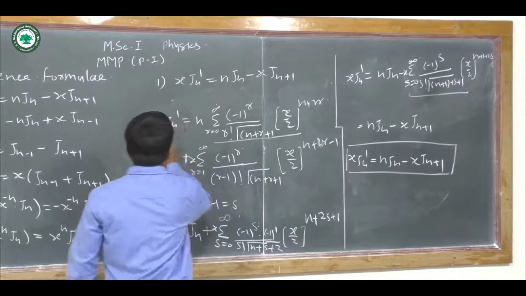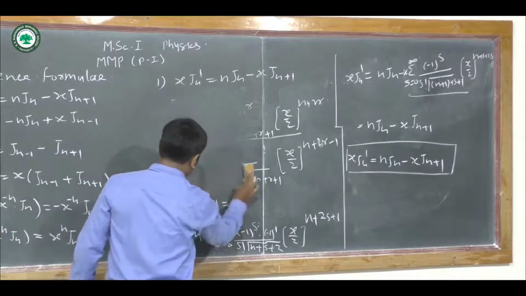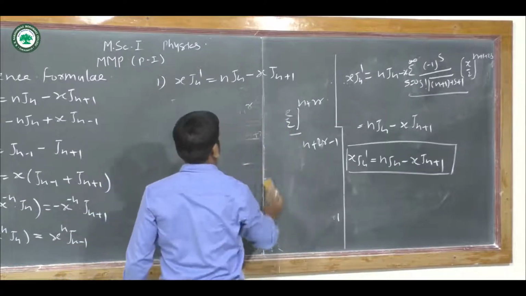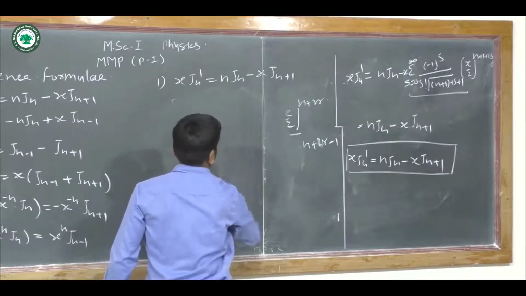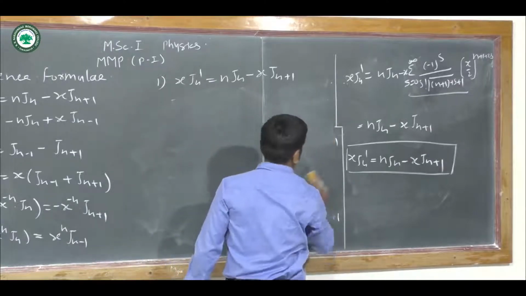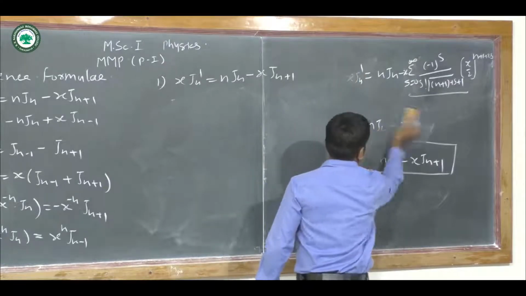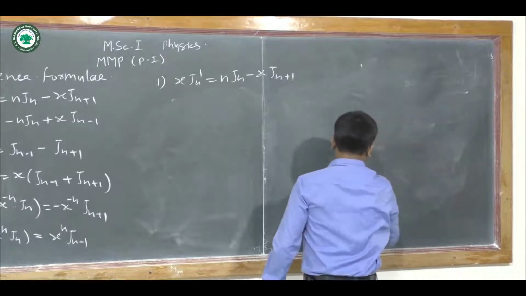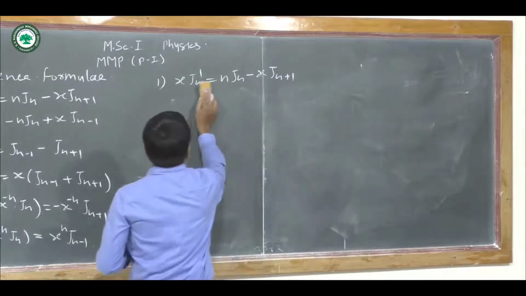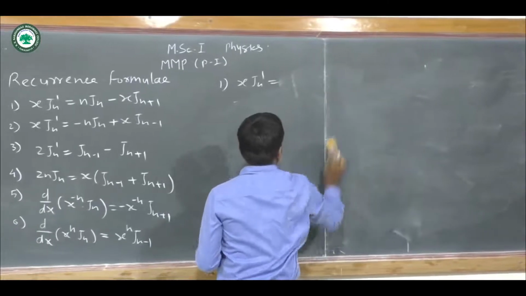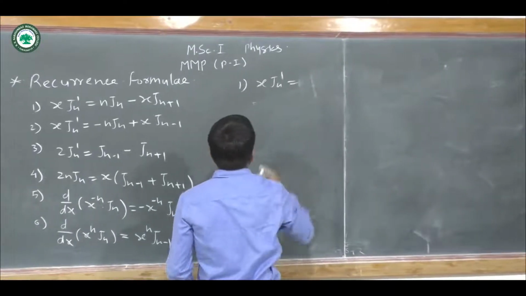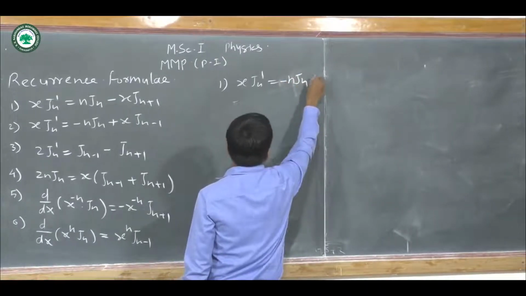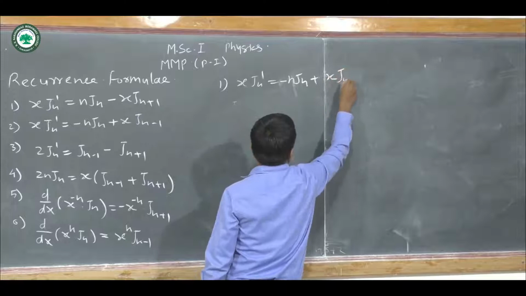Now let's solve the second one: x Jn prime is equal to minus n Jn plus x Jn minus 1.